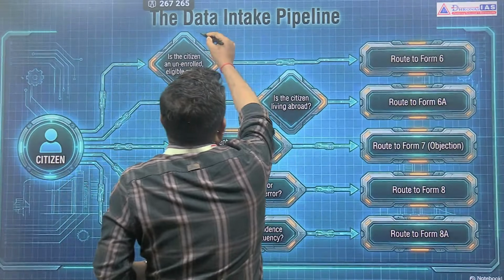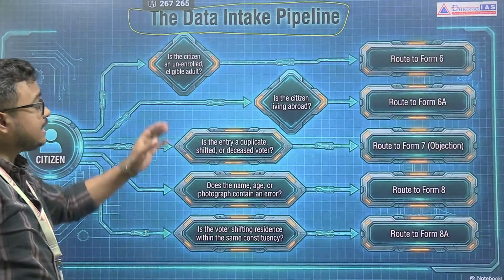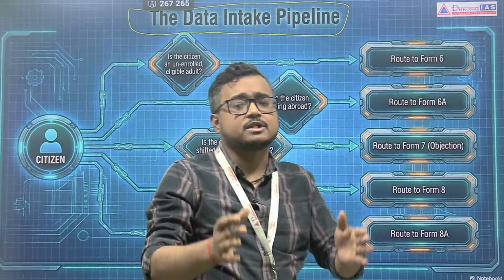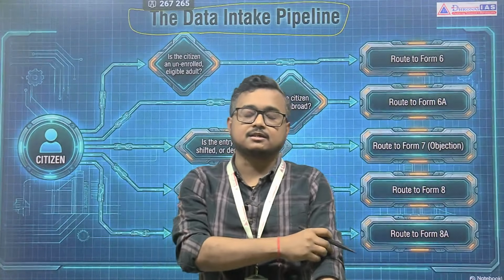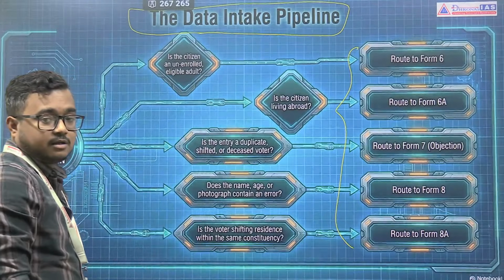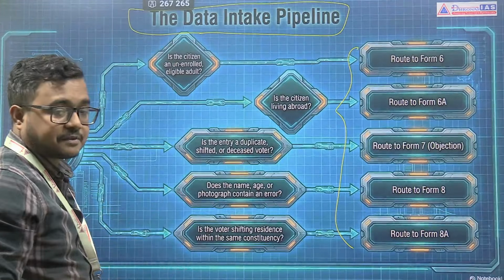Now, how can a citizen become a voter? The data intake pipeline. Whenever you go to the Election Commission site or any other website that they are maintaining, you can see there are so many forms. Form 6, Form 7, Form 8, there are so many forms. What are the purposes?